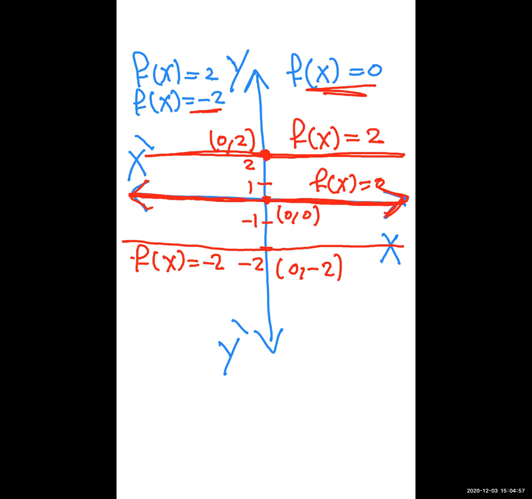Then the next type of functions, guys, is the linear function. The linear function has a specific formula: f of x equals ax plus b, where a and b are constants, I mean numbers.